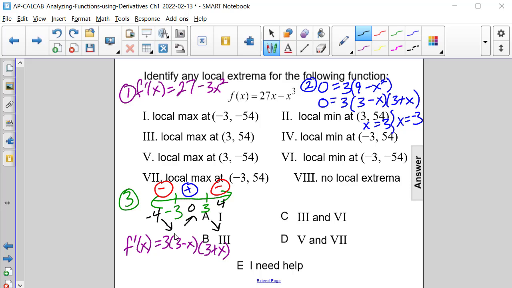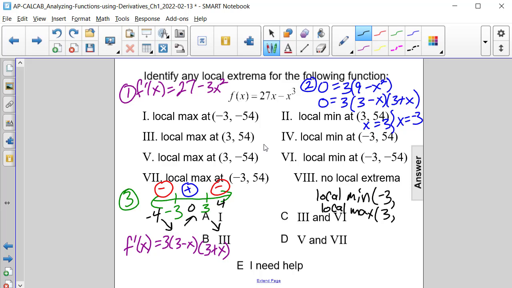So we have a local minimum at x equals negative 3. So local min, we know it's at negative 3, and we have an increasing to decreasing, which is a local max at positive 3.